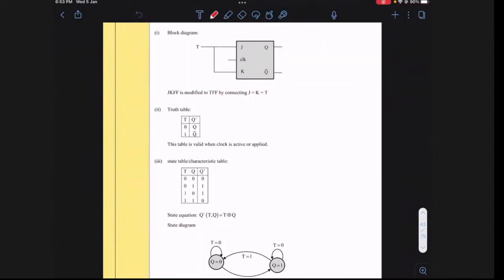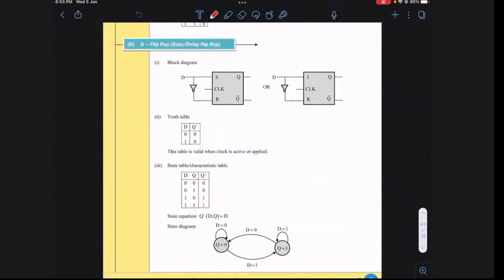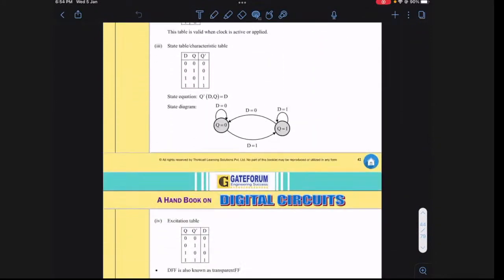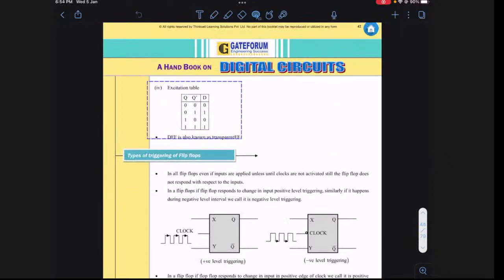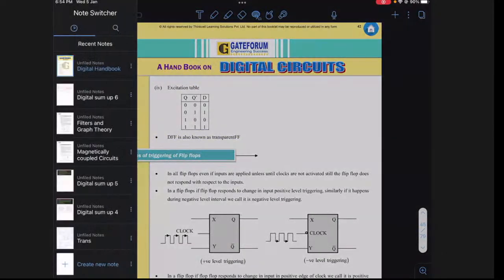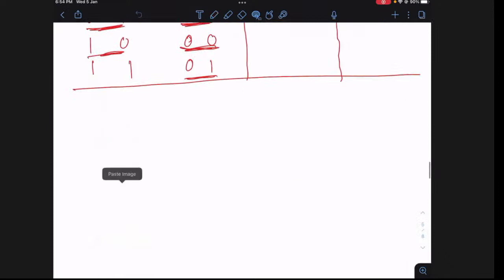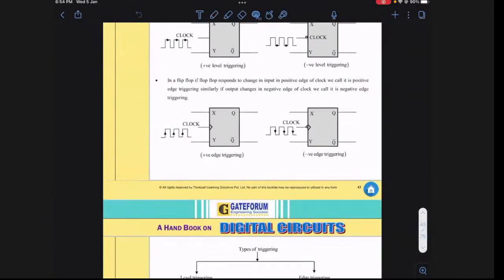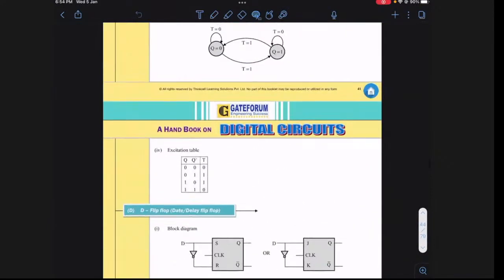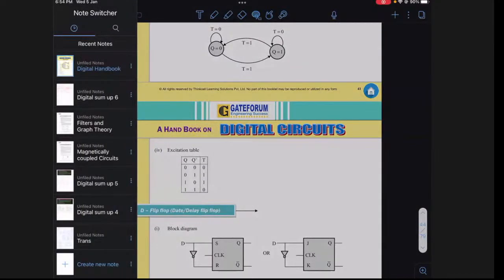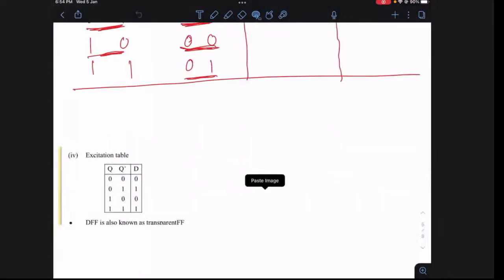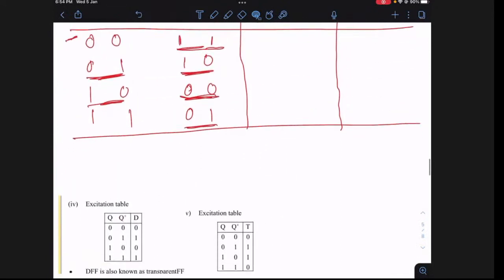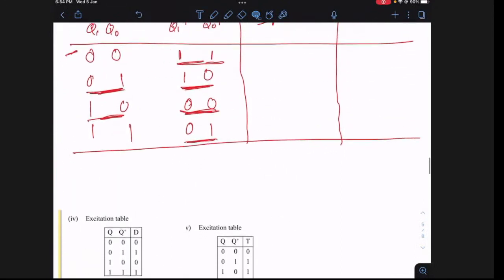Here, this is the D flip-flop excitation table. And similarly, this is the excitation table of the T flip-flop.